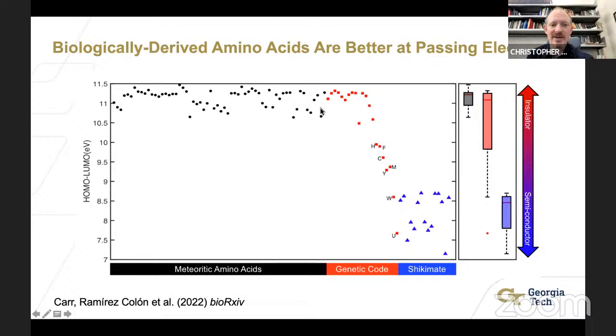And what we found is that the HOMO-LUMO gap, which is a measure of chemical reactivity or ability to pass electrons, declined. So basically, meteoritic amino acids are insulators, but genetic or late appearing amino acids in the genetic code are semiconductors. They're better at passing electrons.